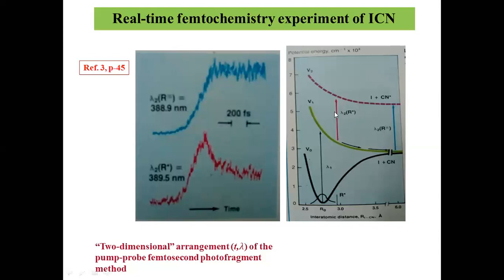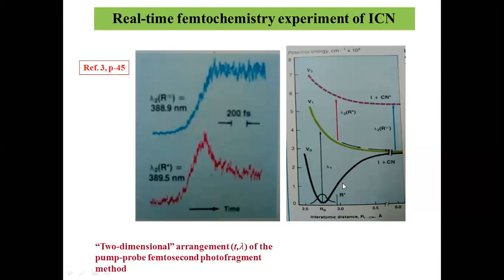Now if you detune it, what happens? Initially also it will be 0, but then we are going to get a peak because this will now be taken to this. But if I wait for some more time, then this probe pulse is no more in the resonance condition with the CN, so the intensity is going to get reduced.